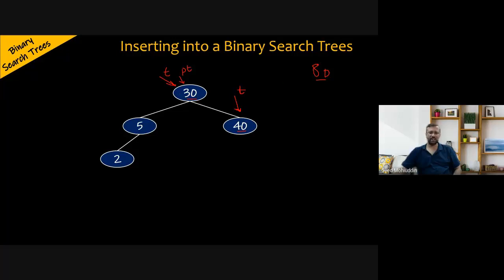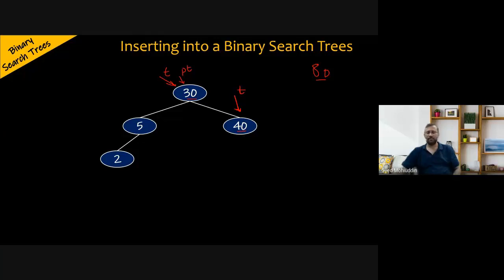If it is less than, then we will move t to the left child. But it is greater than, so we are moving t to the right child. Now, we are comparing again with 40, so pt remains as it is at this place itself. Now, when we compare this 40, equal to, less than or greater than. If the element 80 which we are inserting is less than, we will move t to the left subtree as a left child, left node.